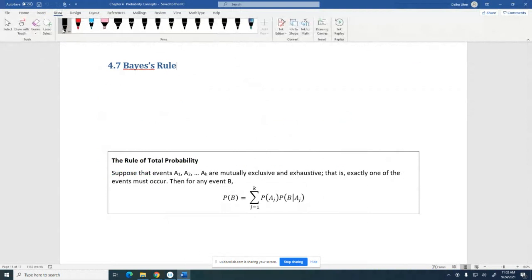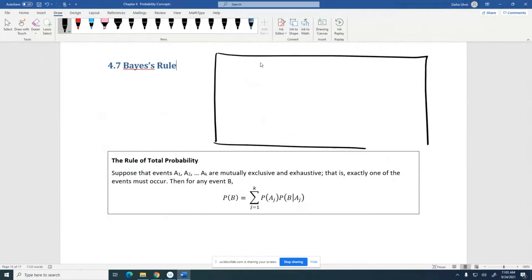For the Bayes rule, we have to make a Venn diagram. Always the Venn diagram is based on a rectangle, which is the sample space. And now here, we have many events of the A's, so it has an index. It's A1, A2, up to AK. So we have K events of A's, right?